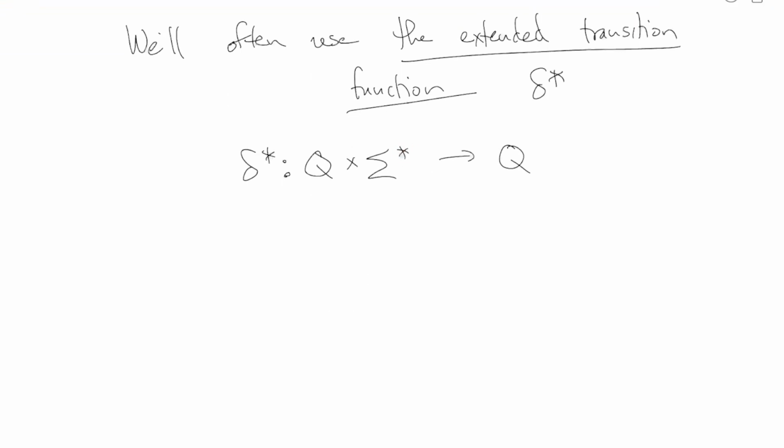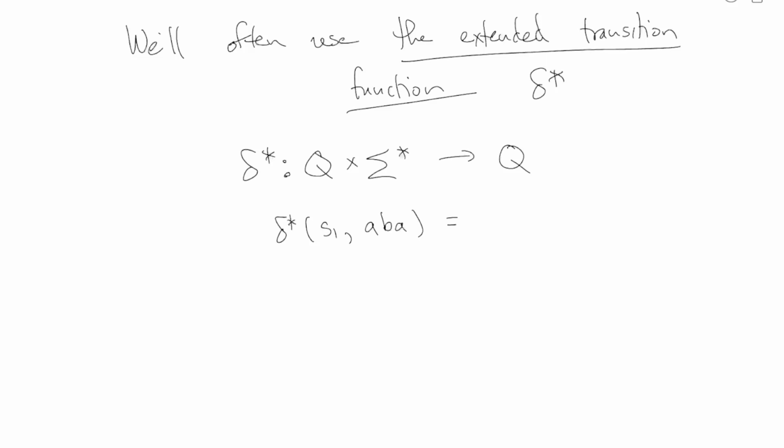So what this looks like is when you use delta star, you put a state here, but in the second coordinate, instead of just a single letter, you put a whole string. So I could put something like A, B, A in the second coordinate, all right?